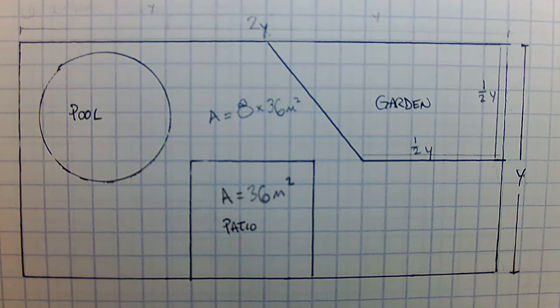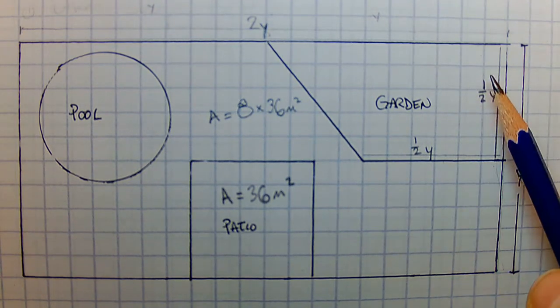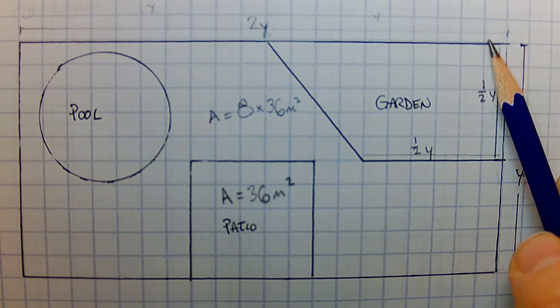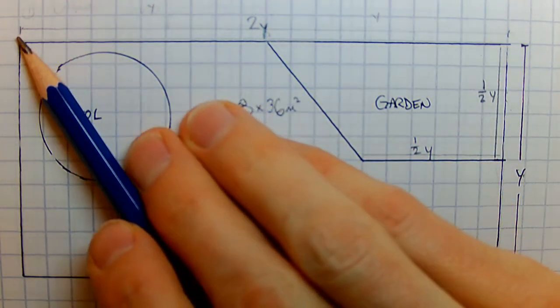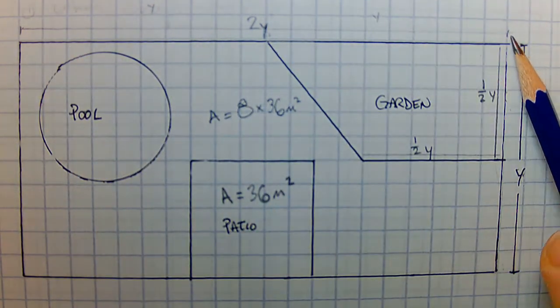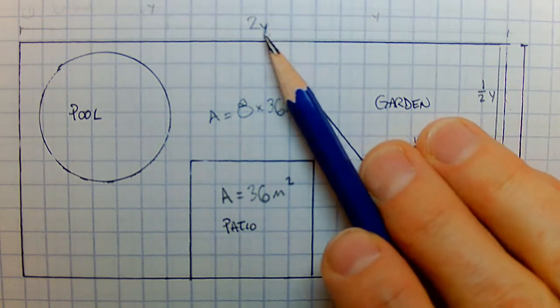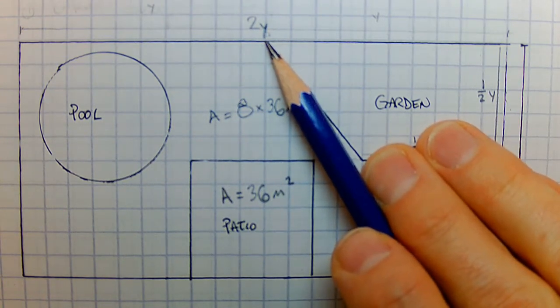Let's continue reading. The large base of the trapezoid, which corresponds to the garden, is half the length of the yard. So they're saying this side here, the large base of the trapezoid, is half the length of the whole yard. This whole yard length is 2Y.